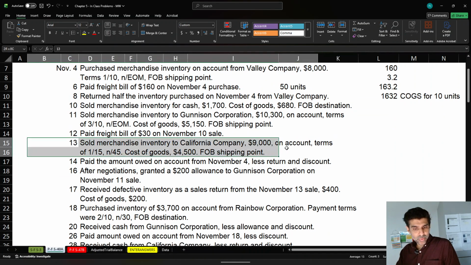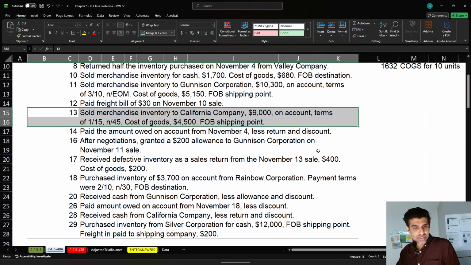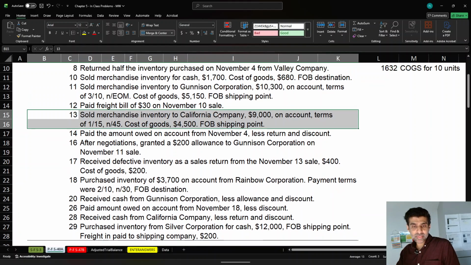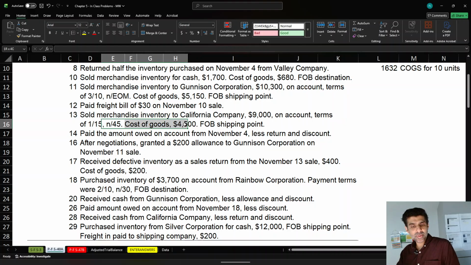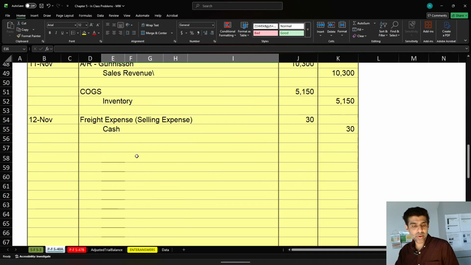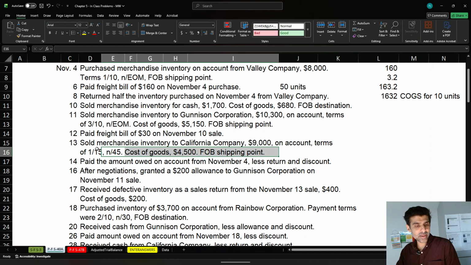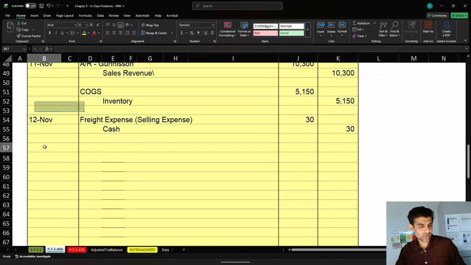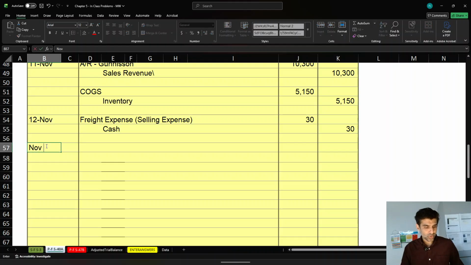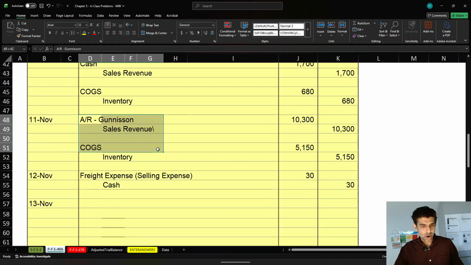Okay, so let's just do one more. Sold merchandise inventory to a different customer for 9,000 on account. We offer them some credit terms, and our cost of goods sold was 4,500. Again, we're going to assume that they're not taking the discount, so we're going to record the full amount. I can basically just copy and paste these.